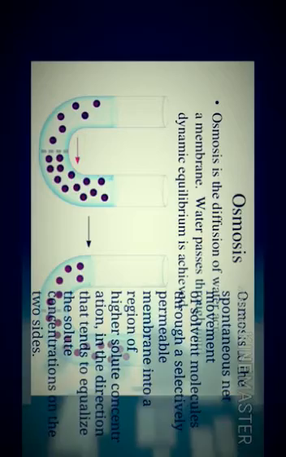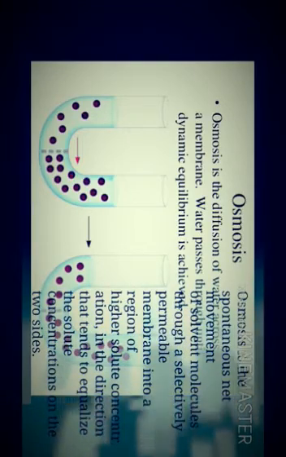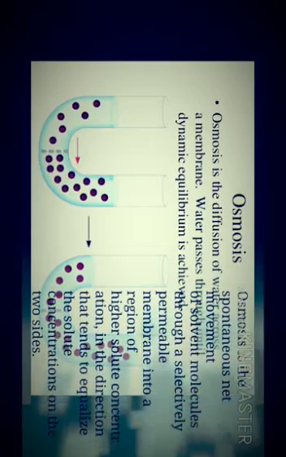Osmosis is the movement of water through a semi-permeable membrane from a region of high concentration to a region of low concentration, tending to equalize. उसका काम क्या रहता है? Equalize करना, equalize the concentration of the water. Generally, osmosis is a passive process.